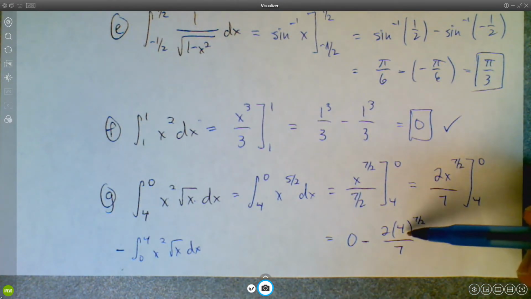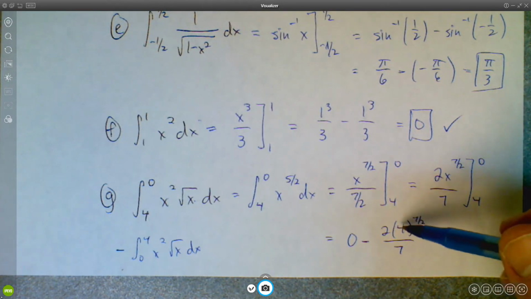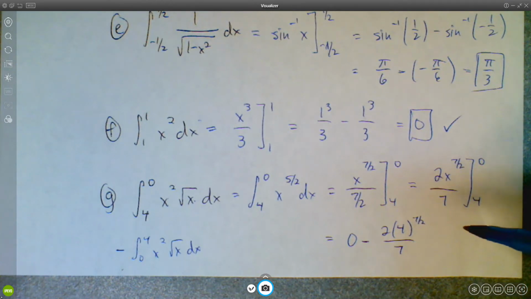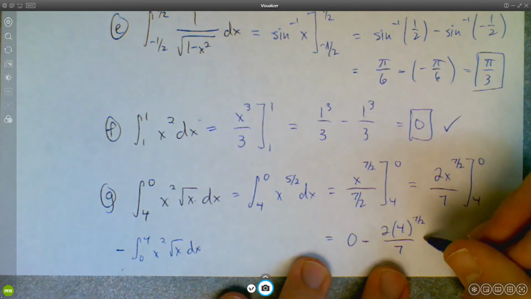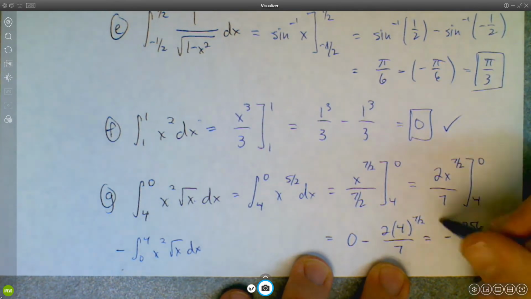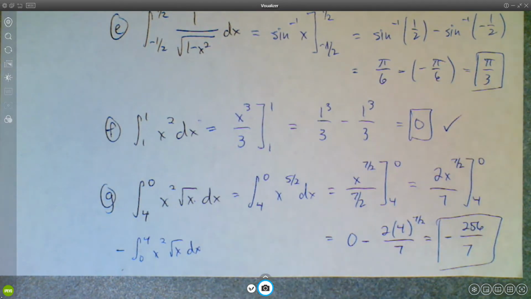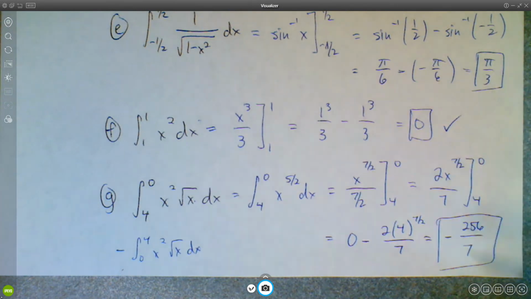Square root of 4 is 2, and 2 to the 7th power, holy schmoly. 2 times 2 is 4, times 2 is 8, times 2 is 16, times 2 is 32, times 2 is 64. 128, I think you get. Oh, and then I have to multiply that by 2, so you think you get 256. 256 divided by 7. So you should get negative 256 over 7 as your final answer. Check my arithmetic there, but I think that's correct.